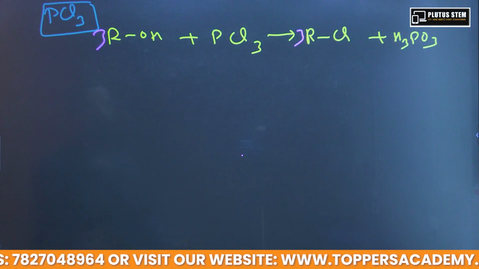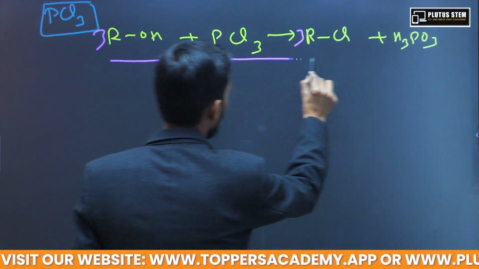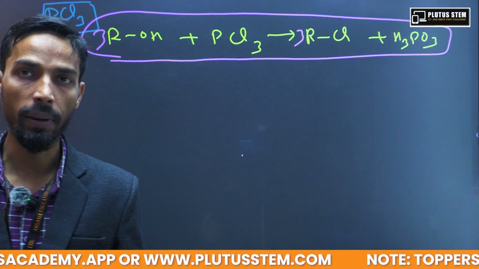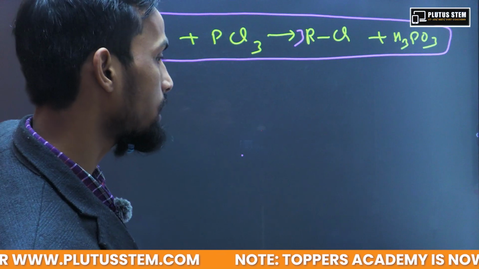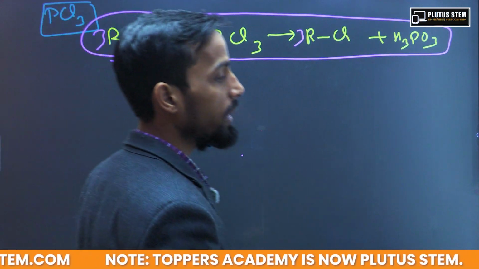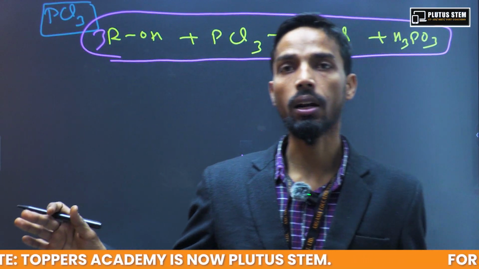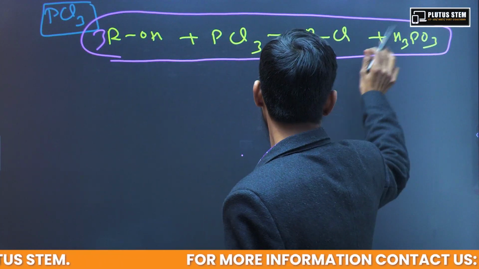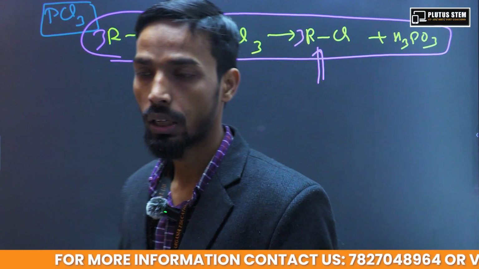So everything is balanced now. So this is the balanced reaction. Sometimes in the exam you need to balance this whole reaction of PCl3 separately and PCl5. So don't be confused. Both reactions are a bit different, although we are getting the same product, but the side products are different in both cases.